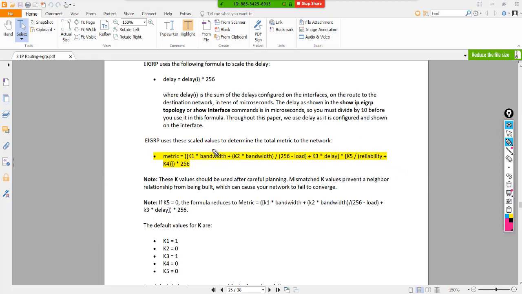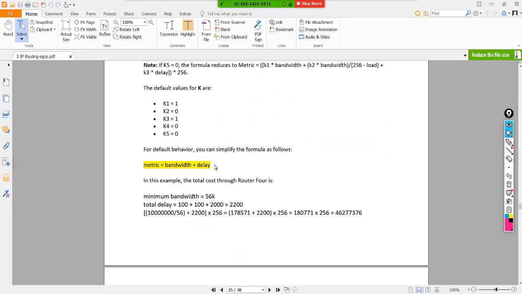When I keep only bandwidth and delay and put the others as 0, my formula gets simplified to this. Now there are only bandwidth and delay, so my overall cost is a sum of bandwidth and delay.